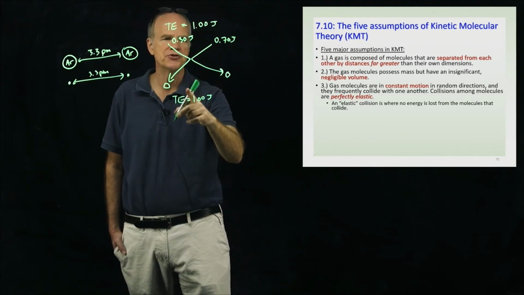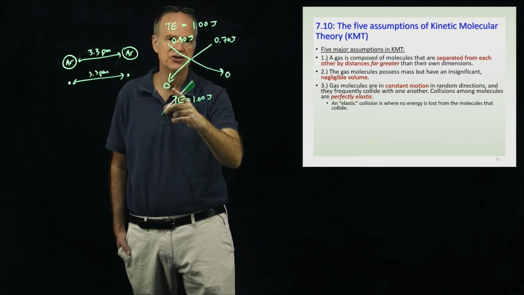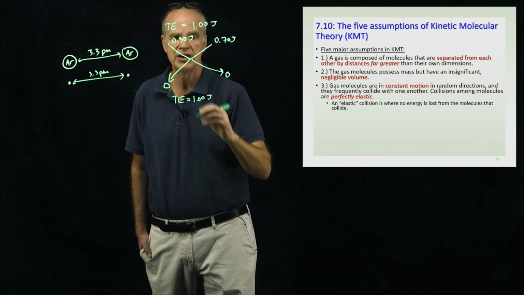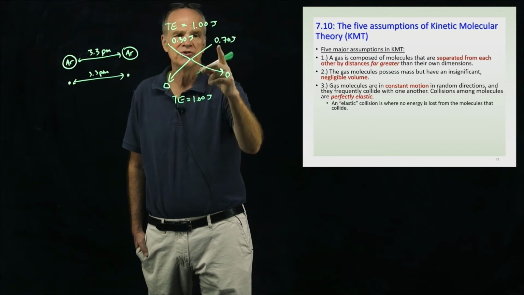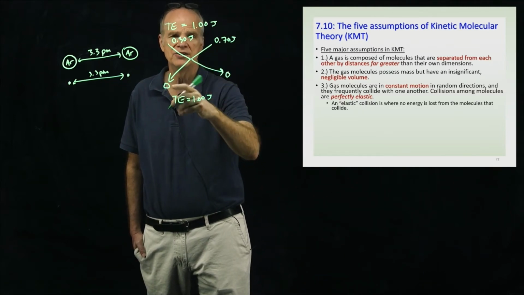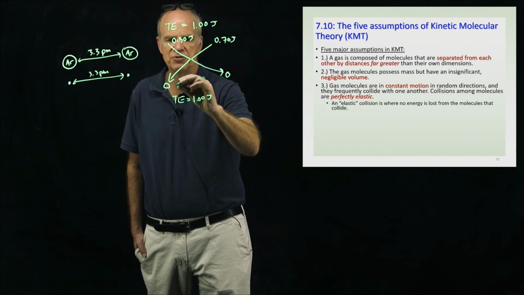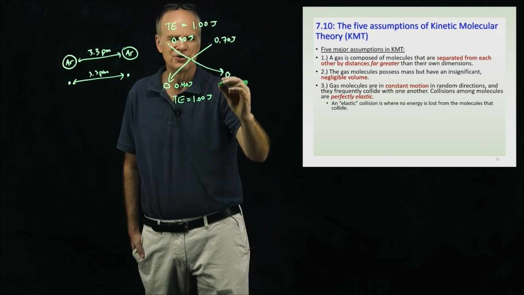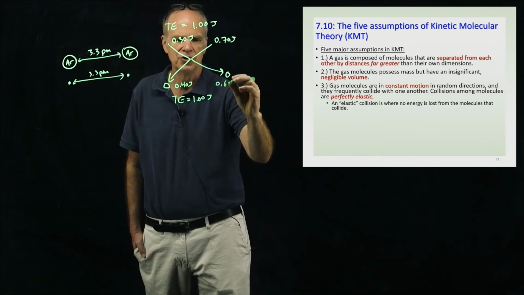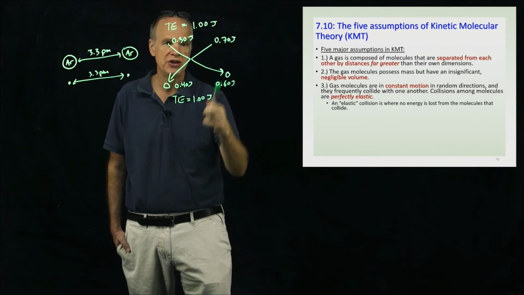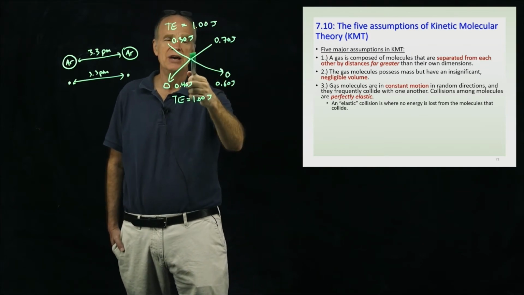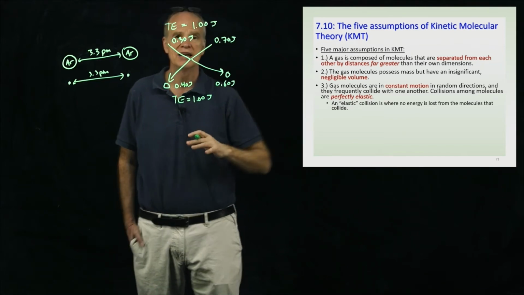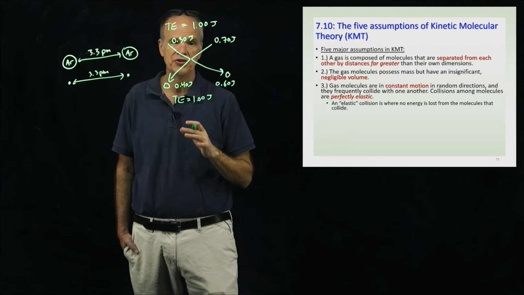After the strike, as long as the total energy is the same, it may be distributed differently. So maybe some energy is being transferred from the molecule on the right to the molecule on the left, and now the molecule on the left is up to 0.40 joules, and the molecule on the right is at 0.60 joules. And so you can see that although there has been energy transferred from one molecule to another, the total energy before the strike is the same as after. And so that would be considered an elastic collision.